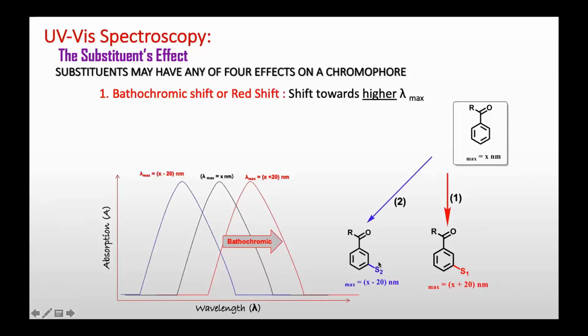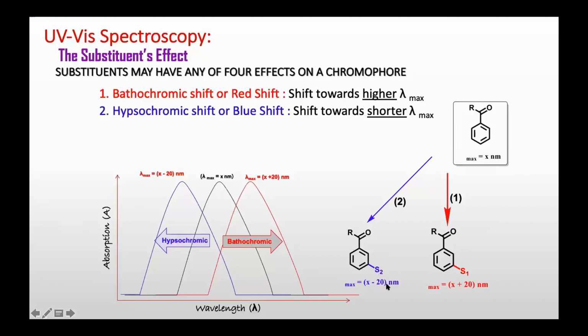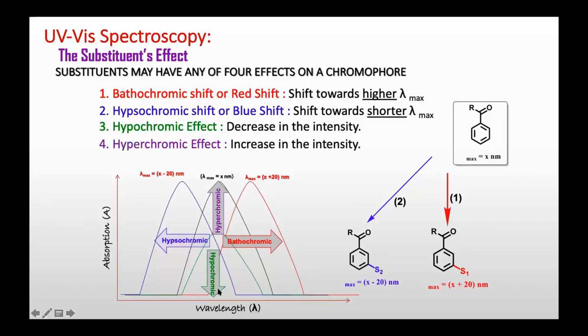Now if you install another substituent, S2, and it decreases the lambda max by 20, its lambda max now becomes X minus 20 nanometers. This shifting will be a hypsochromic shift. Now if the intensity of absorbance decreases, it will be a hypochromic shift, or if it increases, that will be a hyperchromic shift.